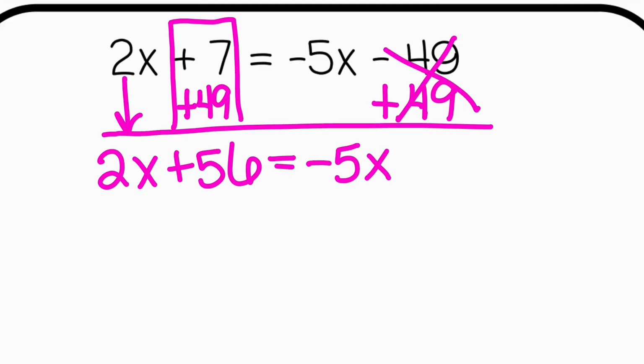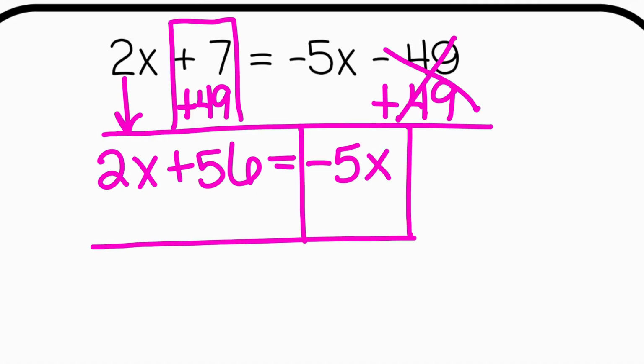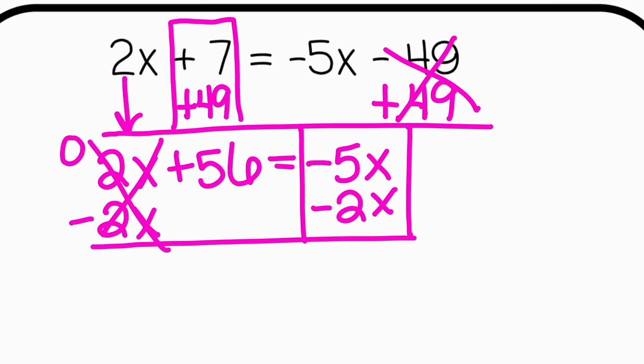Okay. Next, box the term that's by itself, which would be the negative 5x. That means I'm moving my 2x. And there's not a sign in front of it, so it is positive. So the inverse would be to subtract 2x. Okay, zero pair.